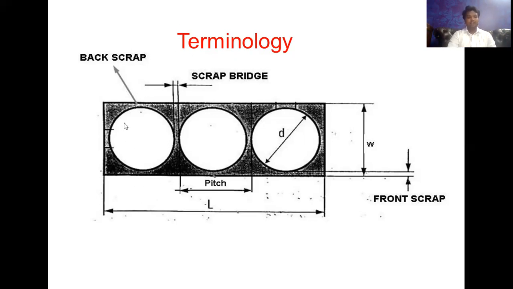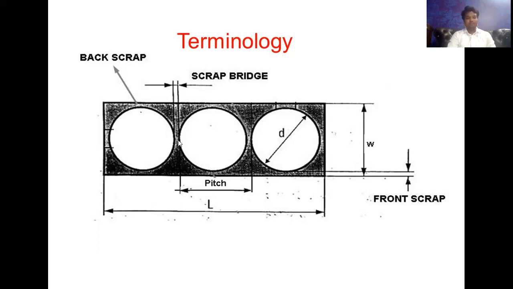And here you have a circular blank, then you have another circular blank. The gap between two consecutive blanks we call the scrap bridge.